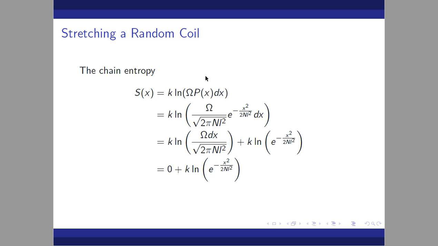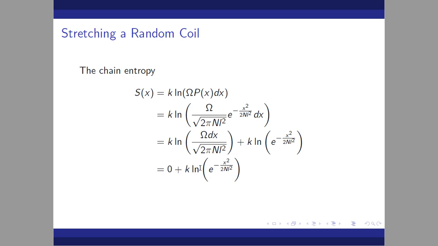The chain entropy S equals k ln omega p(x) dx, and putting it here, this term is 0, and this is the solution. So we calculate the entropy as k ln exponential of minus x squared over 2 n L squared, at the current position of the monomer.